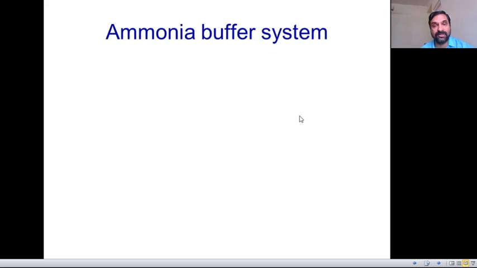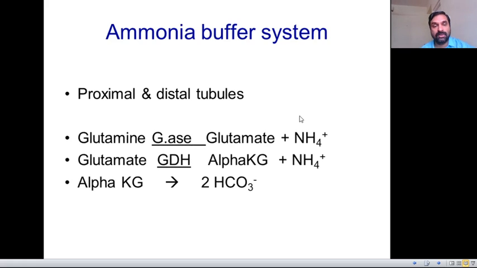Now, ammonia buffer system. It occurs in proximal and distal tubules. So, what is the main source of ammonia? It is glutamine. Glutamine is converted into glutamate by the action of glutaminase, and one ammonium NH4 is formed.